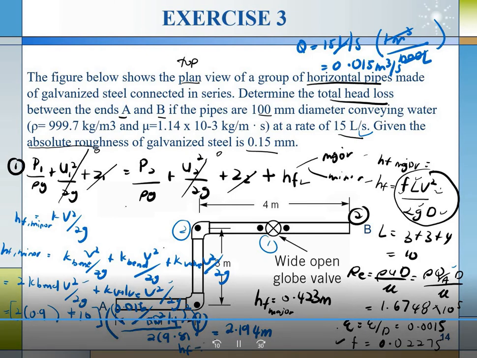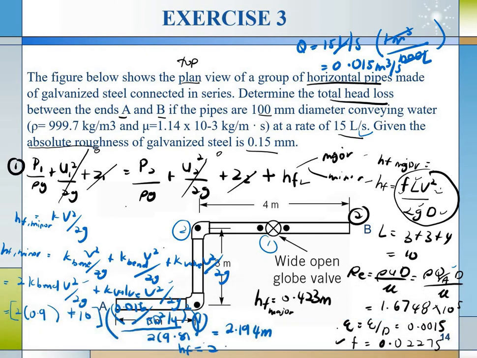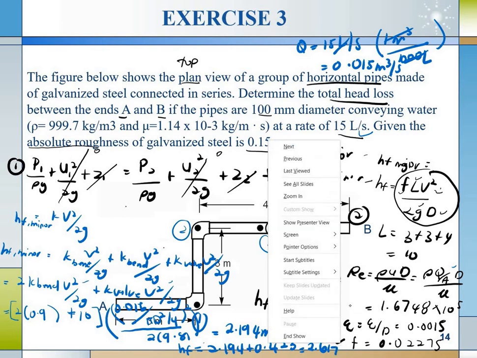So HF would be 2.194 plus 0.423. So the answer is 2.617 meter.